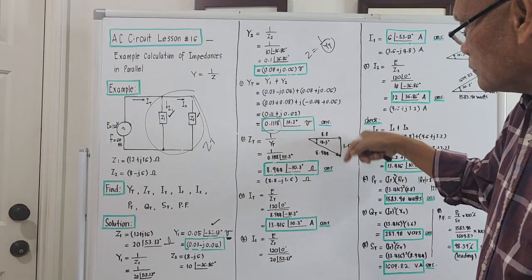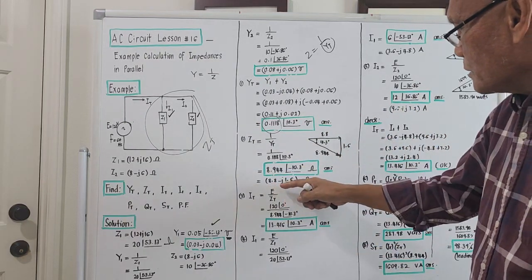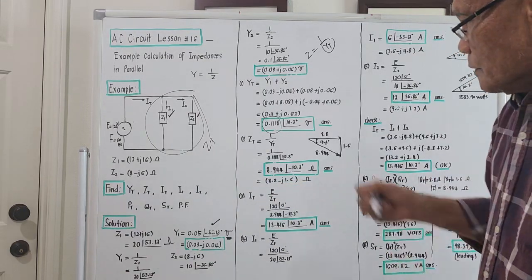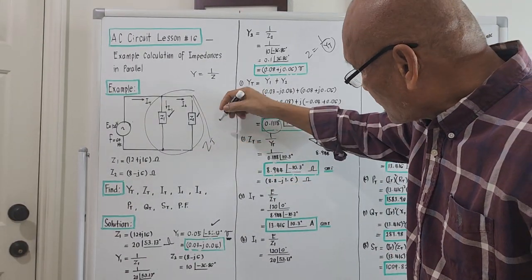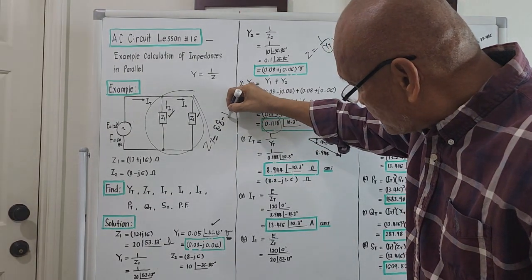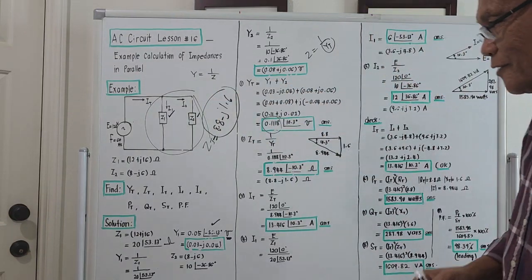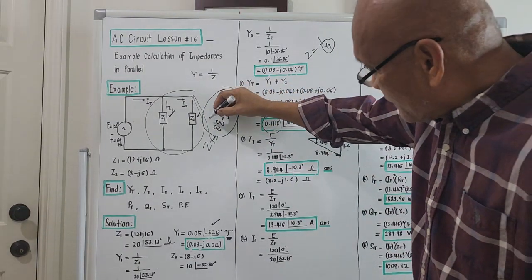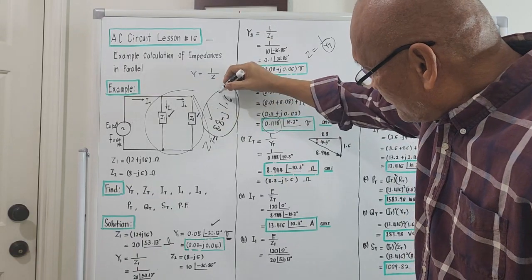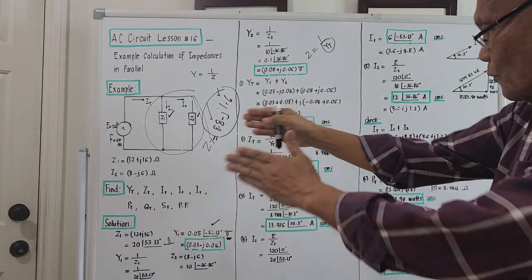It's downward, right? So the rectangular equivalent is 8.8 minus j 1.6, meaning the single equivalent of this is actually 8.8 minus j 1.6. That's the overall. So this portion is the resistance and this is the capacitive reactance. That's the single equivalent.